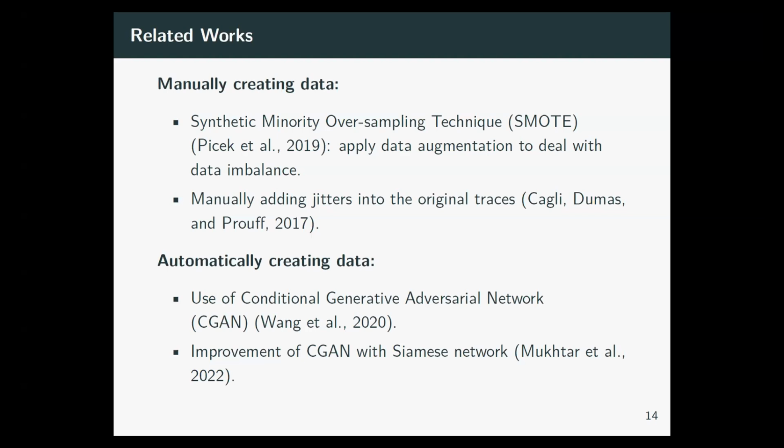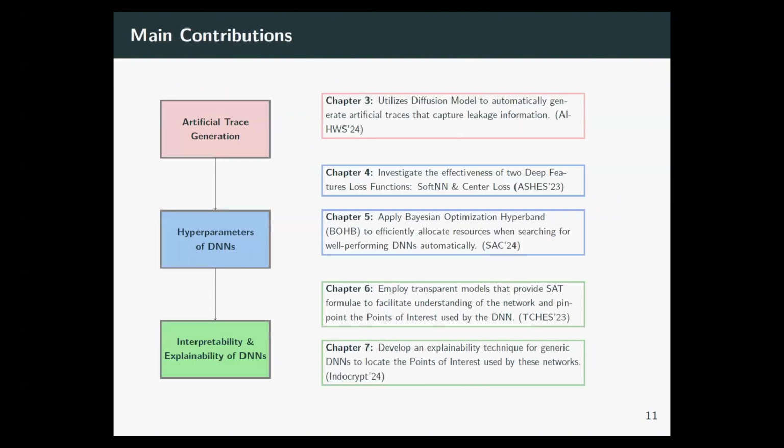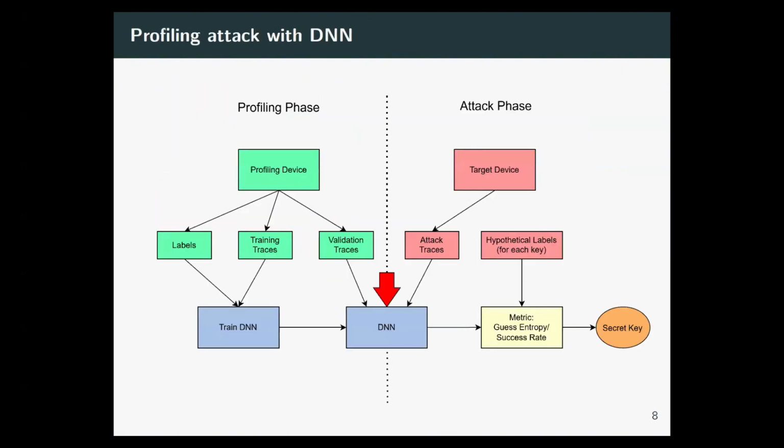But for side-channel analysis, we need to look at other metrics, guessing entropy and success rate, which use n log n due to the sorting algorithm. So it causes it to be much slower than the traditional one. This is one of the biggest things. And because most of the time you have low accuracy, but you still can recover the secret key.